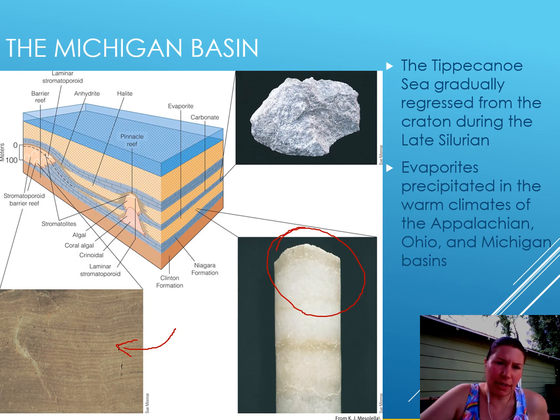Oh, sorry, this is a cross-section of the reef formers, another type of sponge called stromatoporoids. Sorry, that's a hard word to say. So we have basically a hard ground reef, we have salt, anhydrite and a few other economically important minerals, all because we have sea level dropping.